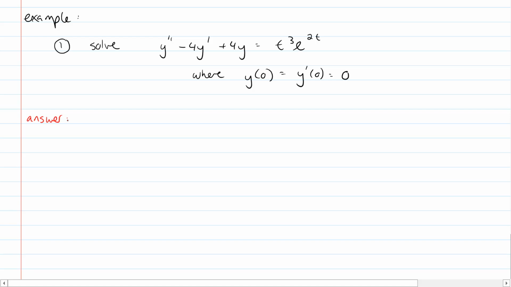So in order to start our answer, we're first going to take the Laplace transform of both sides. Just going to write that down. And then we're going to apply the initial conditions.